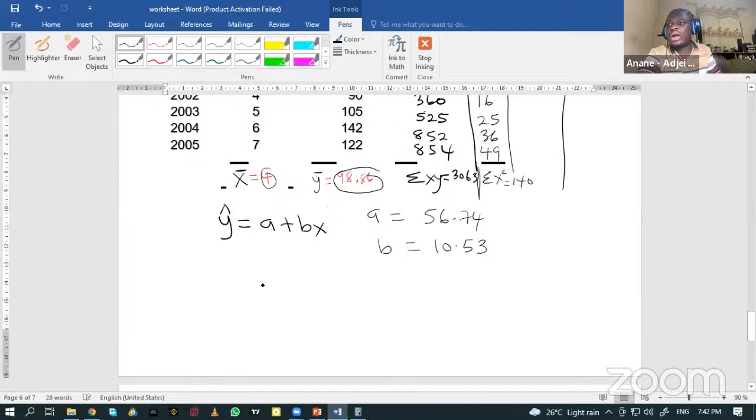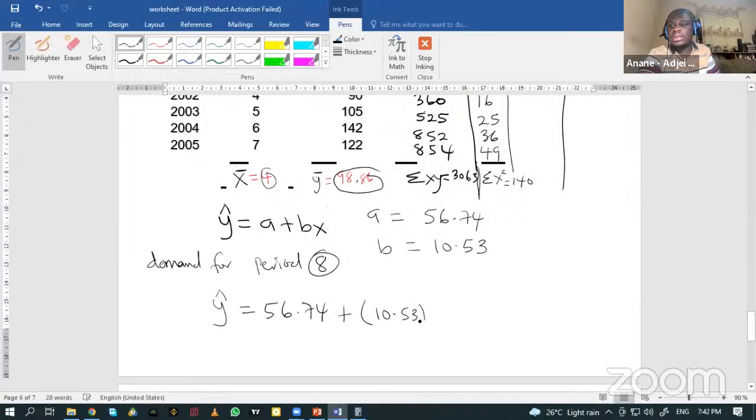So if you are asked to calculate demand for a particular period, let's say period 8, what you do is that Y bar, the demand for period 8, is going to be A plus B X. Okay, so we have known A to be 56.74, and we've known our B value to be 10.56.